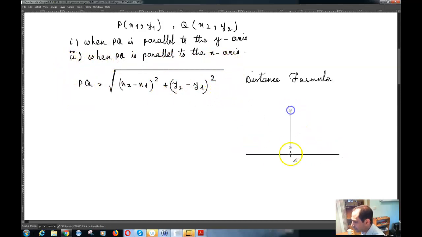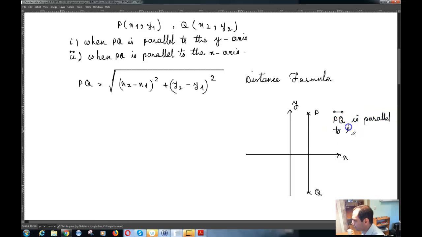You see over here, if you have any line which is parallel to the y-axis, for example, let's say that this is P and this is Q, and this is the x-axis and this is the y-axis. So then PQ, the line segment, is parallel to the y-axis.